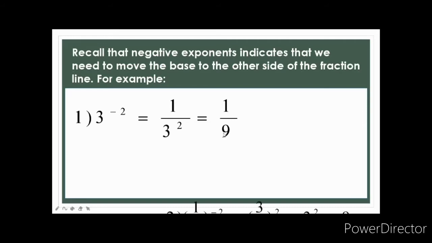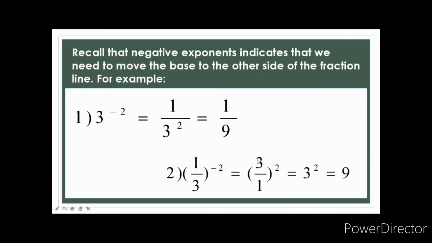Another example, 1/3 raised to negative 2, that is equivalent to 3 over 1 raised to positive 2, equals 3 raised to 2, and that is equal to 9.